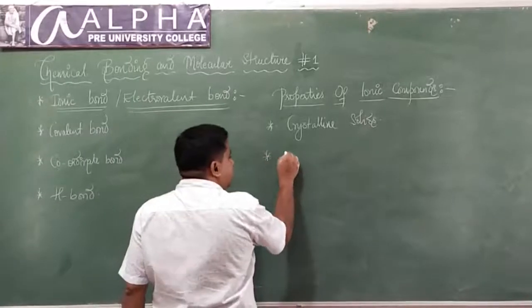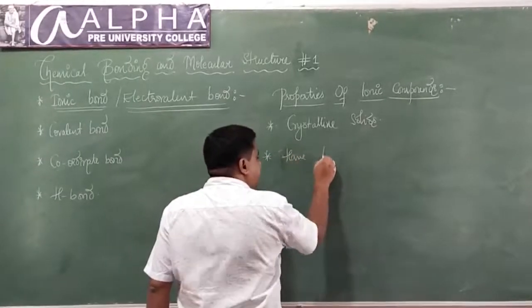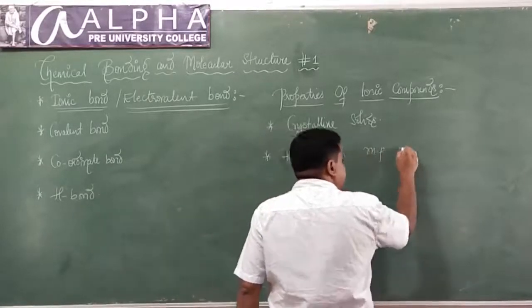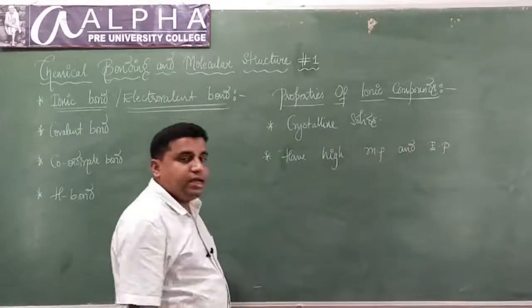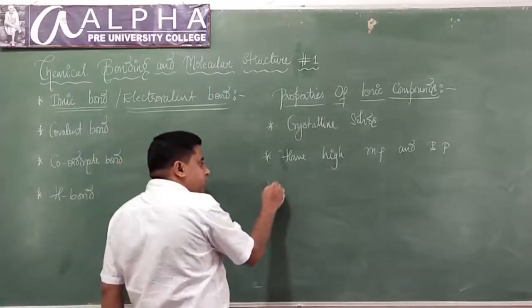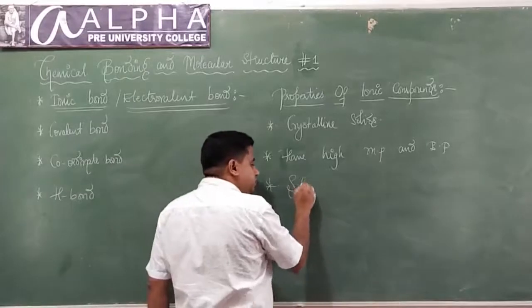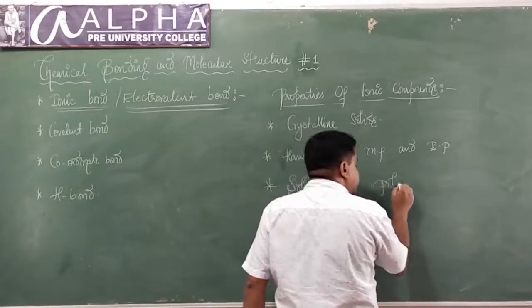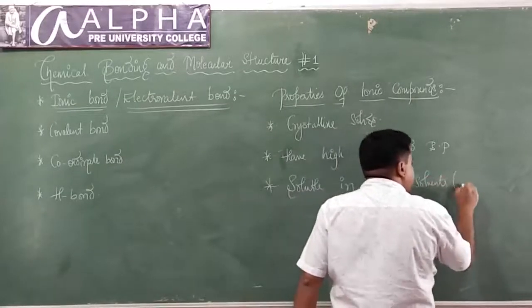Usually they have high melting point and boiling point. Ionic compounds are soluble in polar solvents like water.